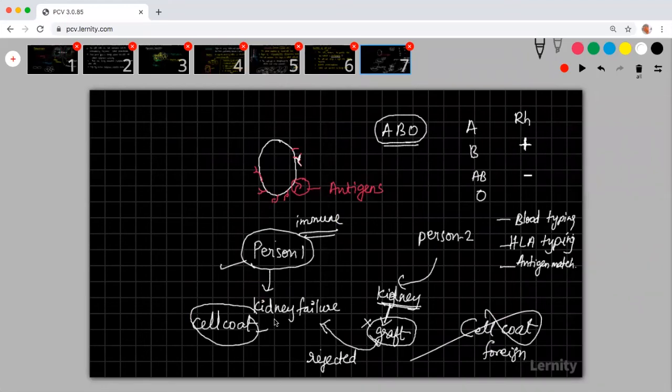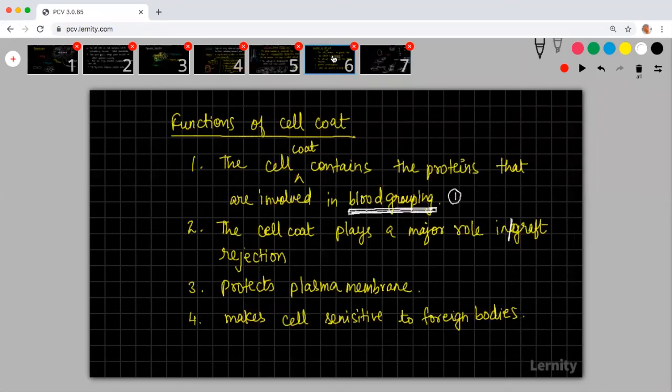So with this, cell coat is over, cell envelope is over. Now we are moving to the next part.